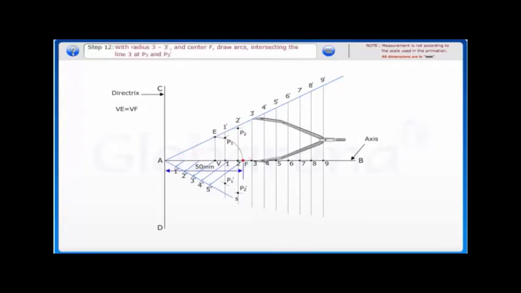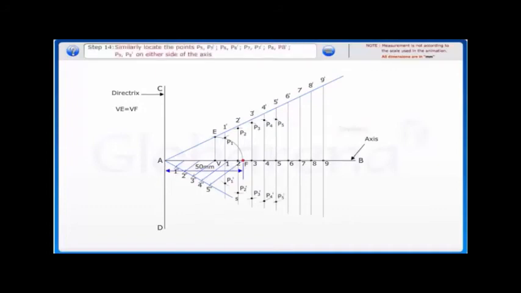With radius 3-3 dash and center F, draw arcs intersecting the line 3 at P3 and P3 dash. With radius 4-4 dash and center F, draw arcs intersecting the line 4 at P4 and P4 dash.